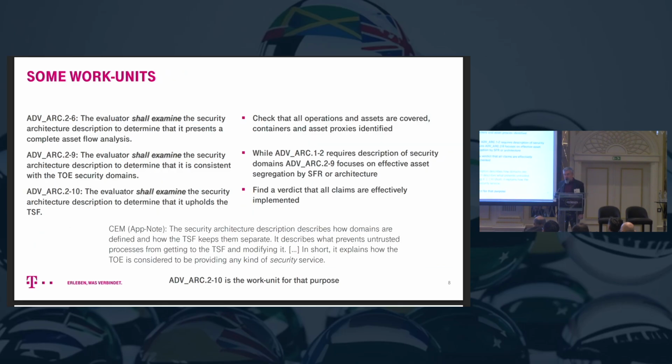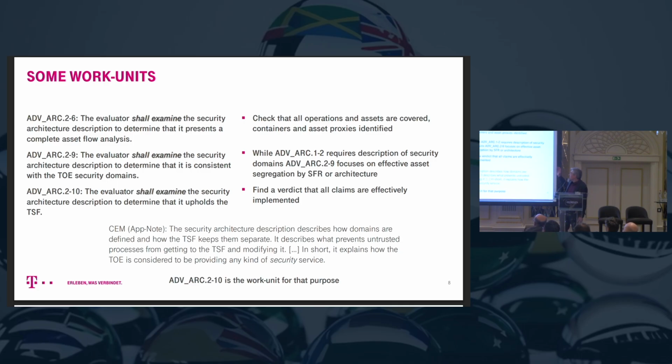So how does this look when we look into work units? It's not all of them. The first one is number 6, since the standard goes to number 5. So we start at number 6 and go up to number 10 here. I omitted some. When we look at work unit 6, the evaluator shall examine the security architecture description to determine that it presents a complete asset flow analysis.